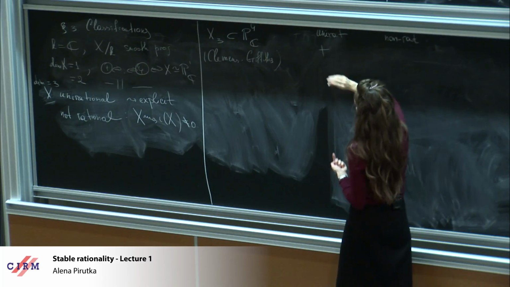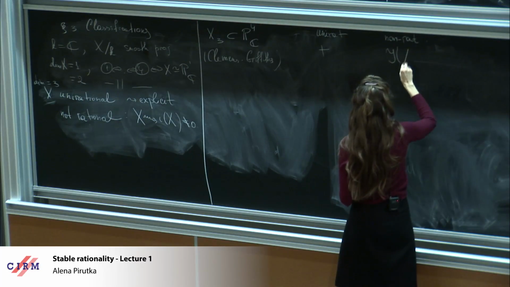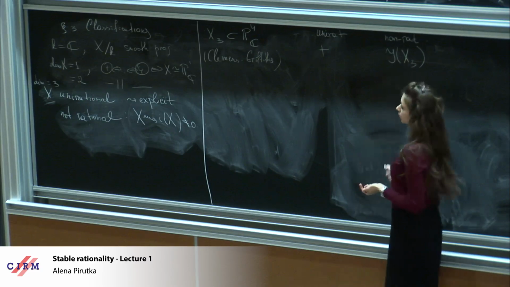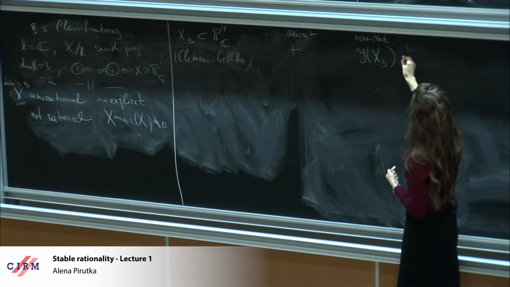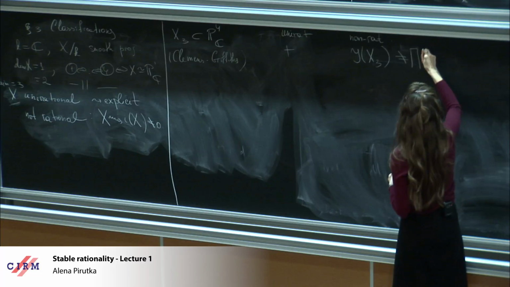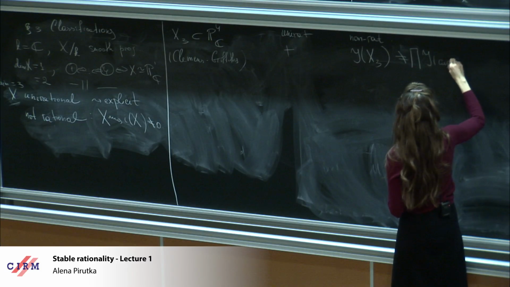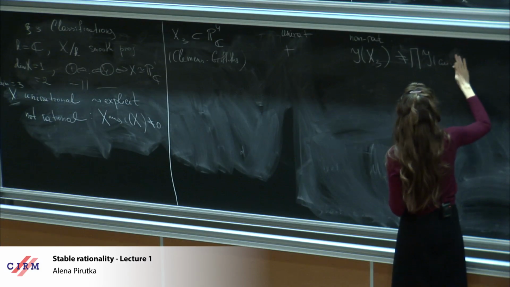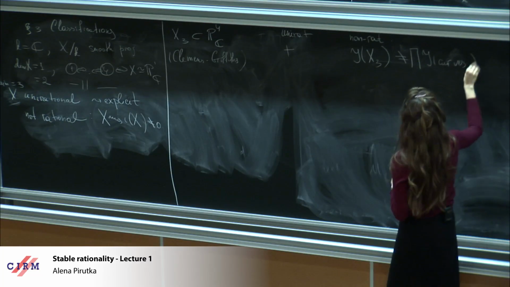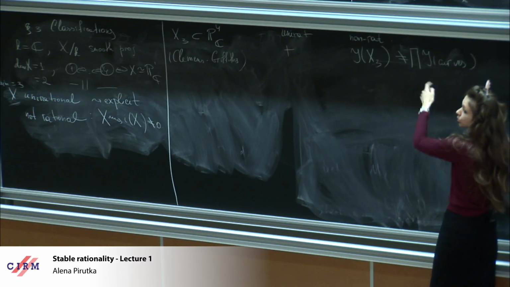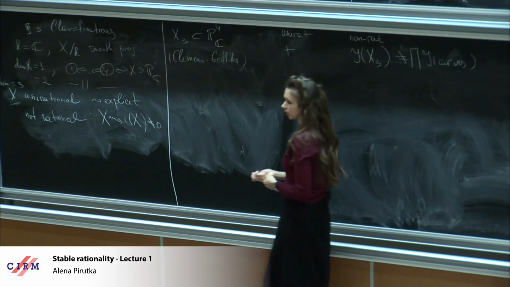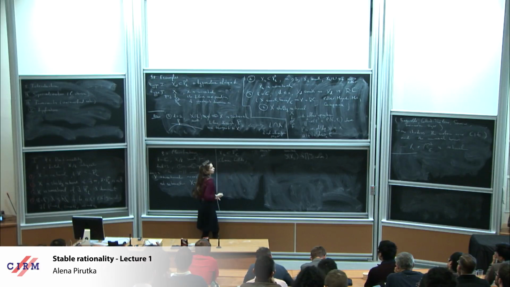Well, because one can associate an abelian variety, the intermediate Jacobian of X, and they show that it's not a product of Jacobians of curves. And for a rational variety, the Jacobian should be a product of Jacobians of curves. So this is an example of a non-rational complex threefold.